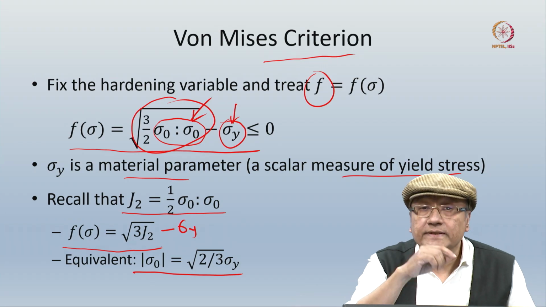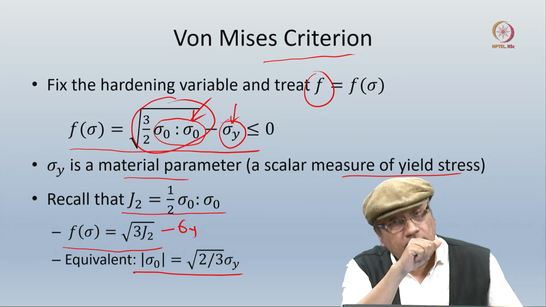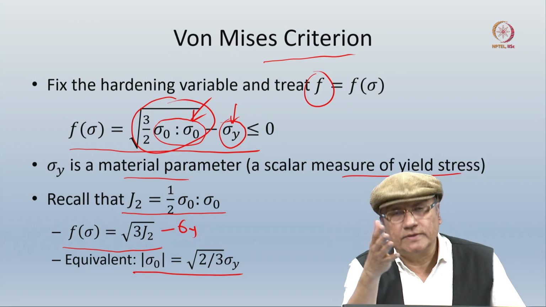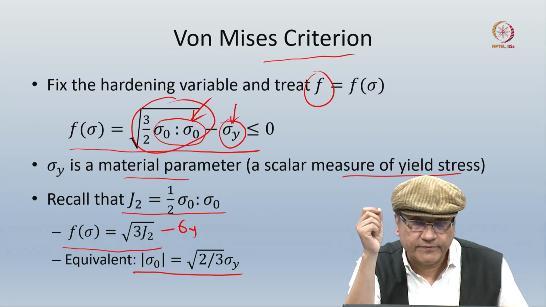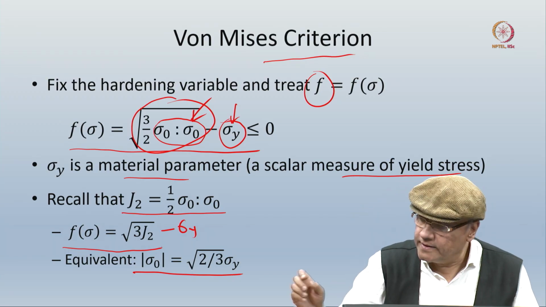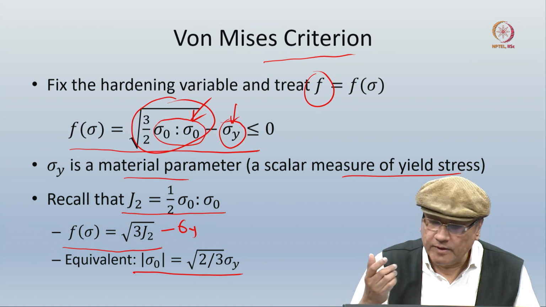This is an important thing. You typically define the yield function using invariants, which ensures that under rigid rotations of the coordinate frame of your body, F(sigma) will remain the same.